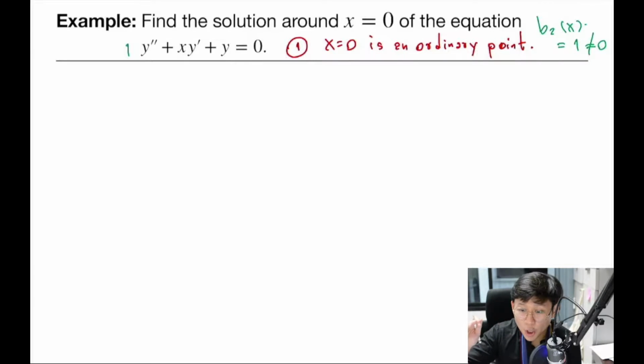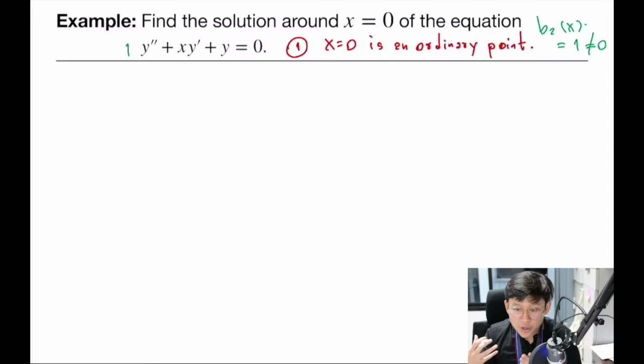So any points would be ordinary points, with no singular points, if you remember from the previous video. All the points are ordinary points, which means that x equals 0 is also an ordinary point, and that is verified.